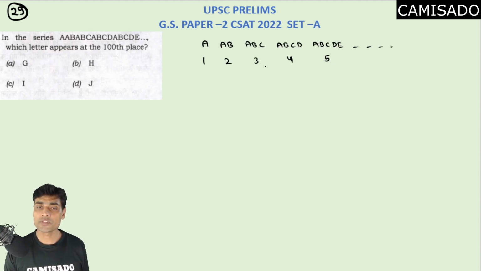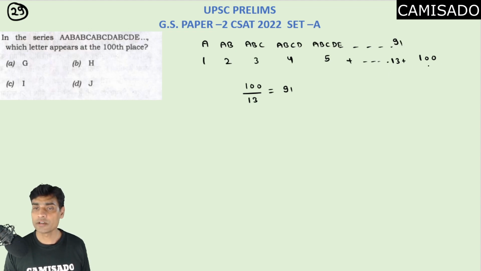This sequence will continue, and the alphabets will add up, 1 plus 2 plus 3 plus 4 plus 5, and so on. We want to find out the 100th place. Before 100, the nearest total is 91 when you go till 13. When this pattern ABCDE, ABCDEFG and so on goes up to 13 alphabets, you will get till 91.